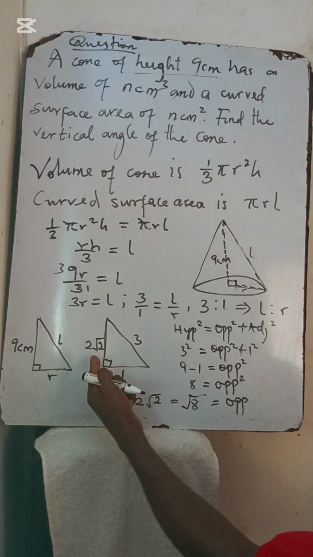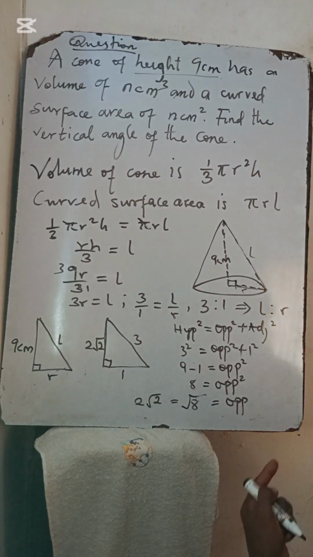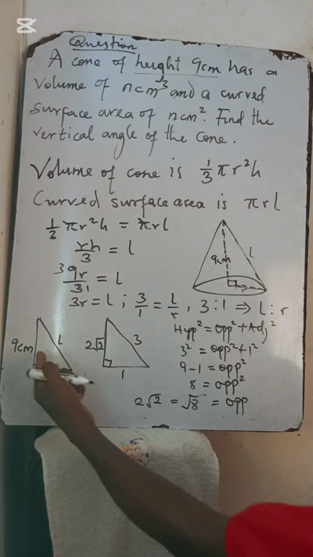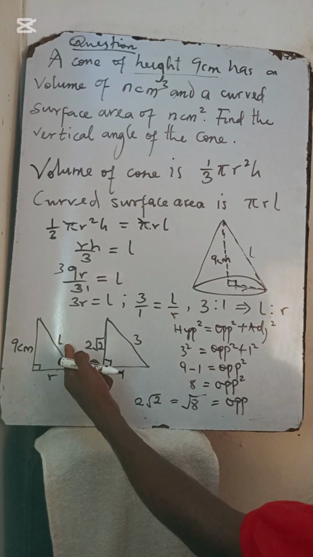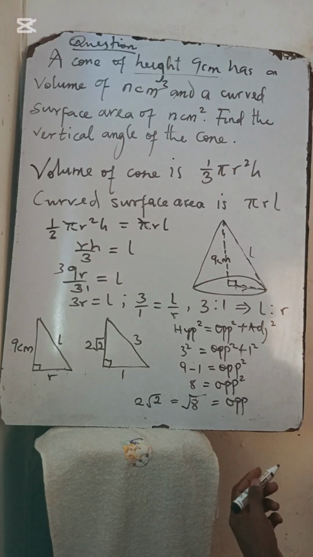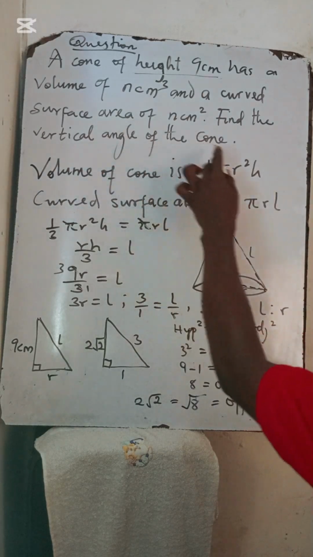So we can now make use of this to compare the other triangle we are having at this side, which tells us that we can use it to find the radius, or its length inside. But precisely what we needed is the radius, because the question asks us to find the vertical angle of the cone.